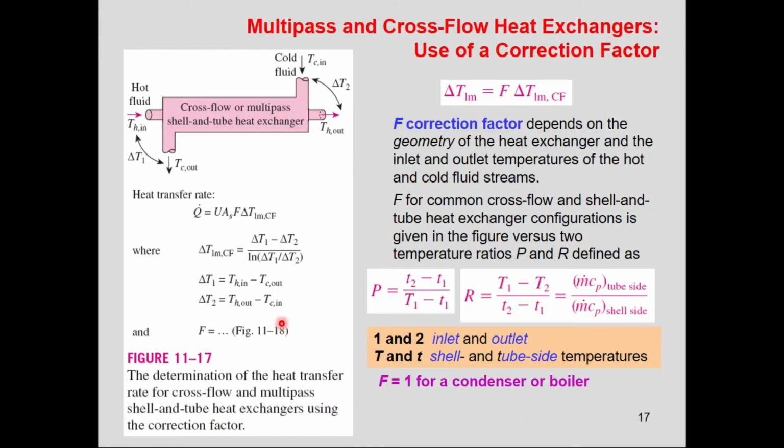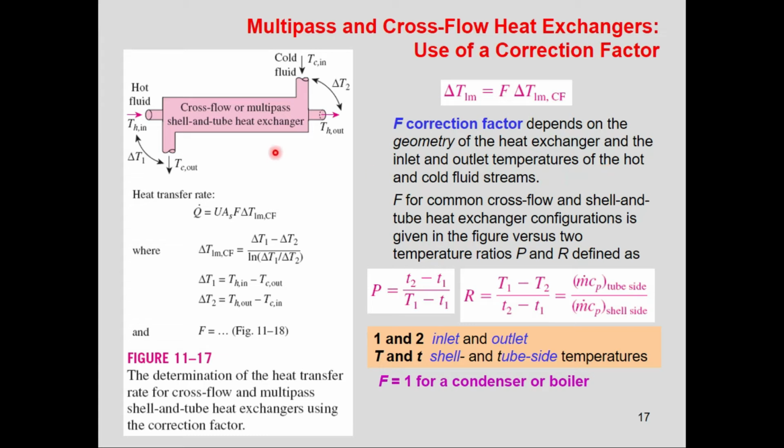But in most cases, we come across heat exchangers which involve cross flow as well as multipass. So that's why we have to incorporate this correction factor, which is known as F. The correction factor F depends upon the geometry of the heat exchanger and the inlet and outlet temperatures of the hot as well as the cold fluid streams.